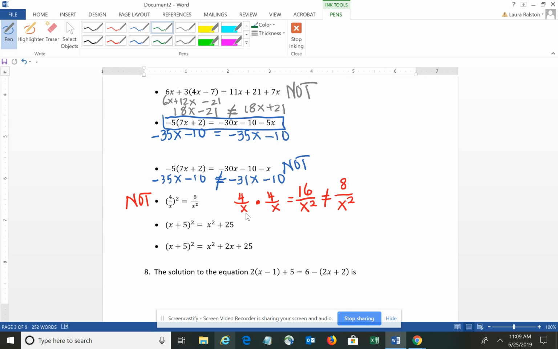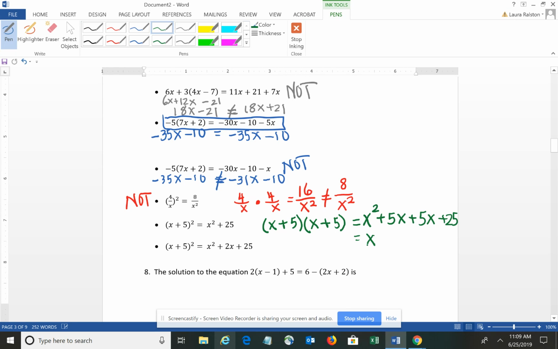The next one, you have x plus 5 squared. And again, I think you guys are forgetting the rules in your haste. That really means x plus 5 times x plus 5. So you have a binomial times a binomial, and you have to use FOIL. So if I use FOIL here, I have x squared plus 5x plus 5x plus 25.